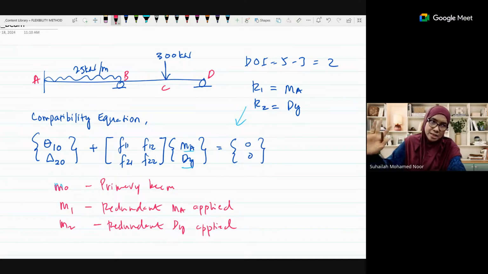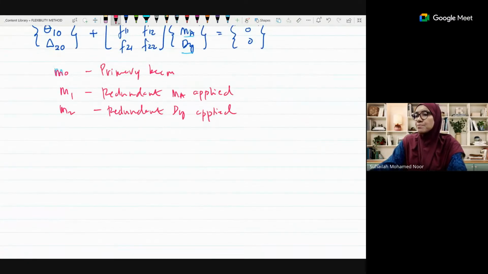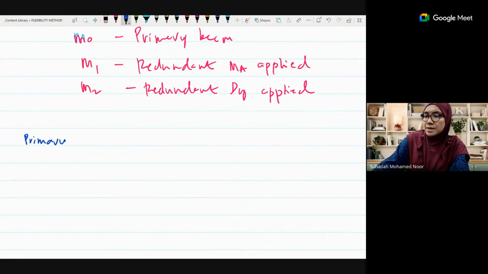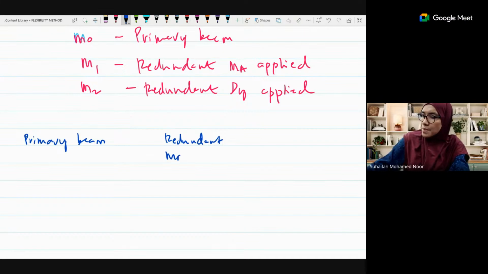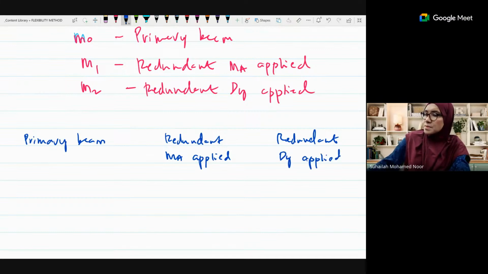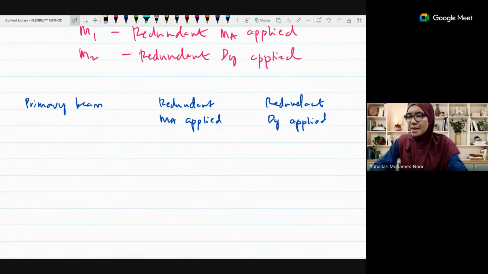So there are three systems. Here we will draw the first one, the primary beam, and then we have redundant MA applied and redundant DY applied.